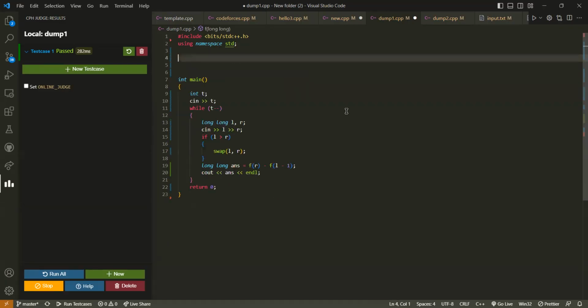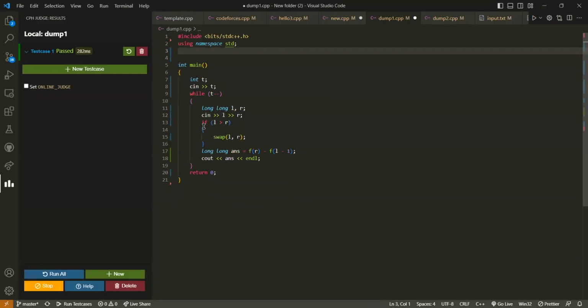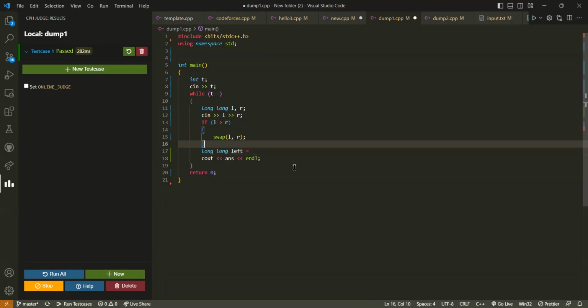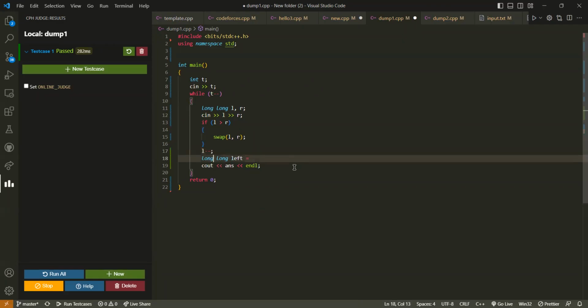Okay, we can do without this thing also. So we can do this like a long left answer. I'll share my screen. I will first decrease my L one time, and then L into L plus 1 by 2.